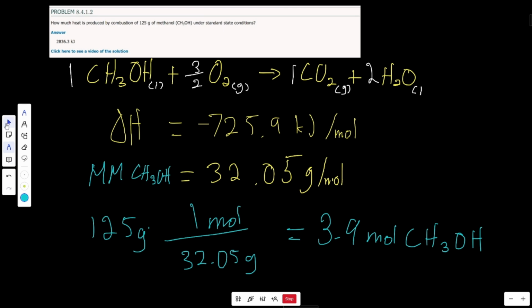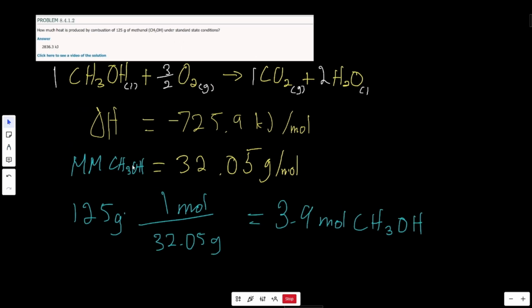Alright, now where do we go from here? Well, we have 3.9 moles of methanol. But how do we know if this is what's more important to look at, or if it's the oxygen? In other words, which will be finished first, the methanol or the oxygen?